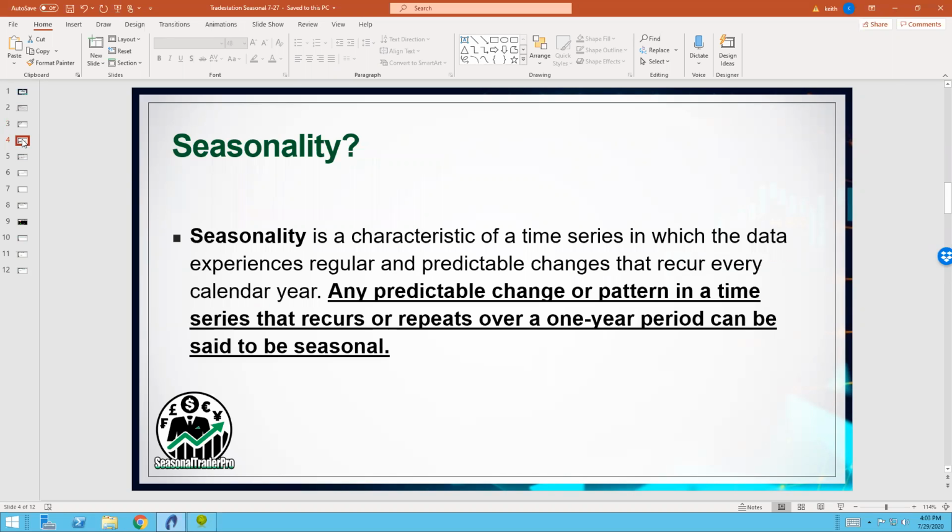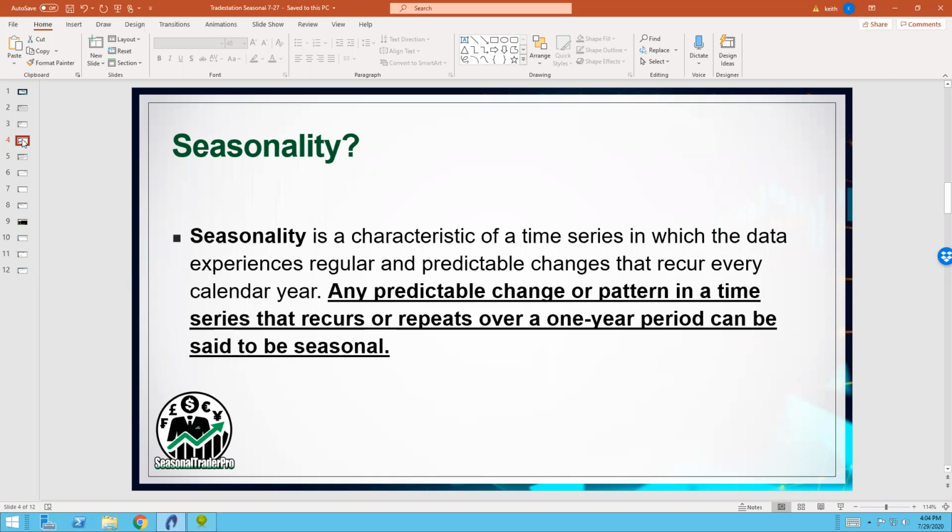First and foremost, all of my trading revolves around seasonality. There are different terms and meanings for seasonality, but basically when I say there's a seasonal move coming, this is a predictable change or pattern in a series that recurs or repeats over a 1-year period.